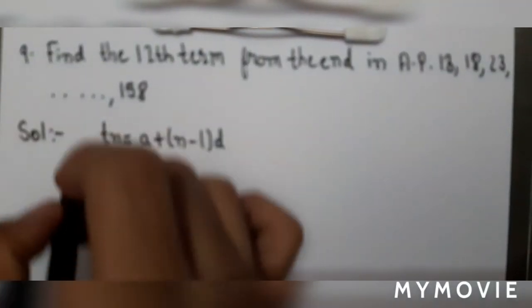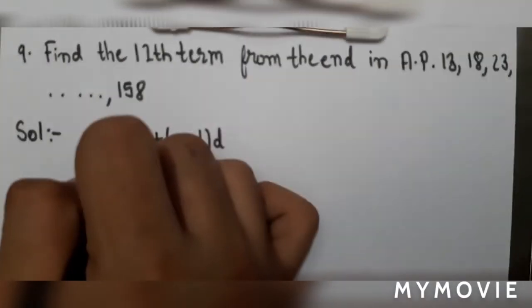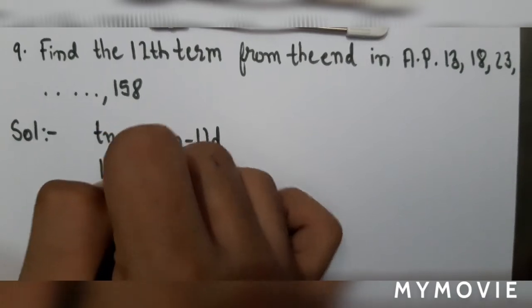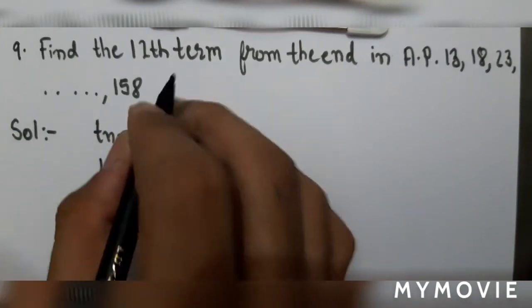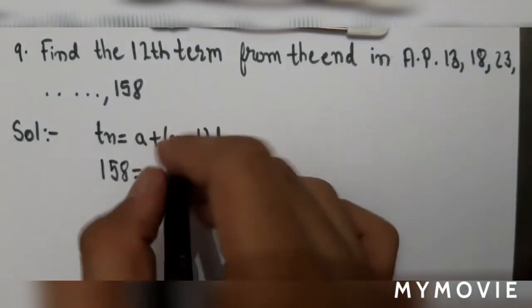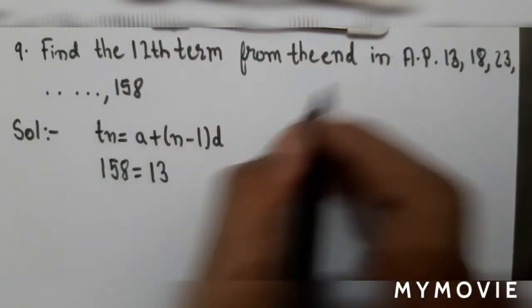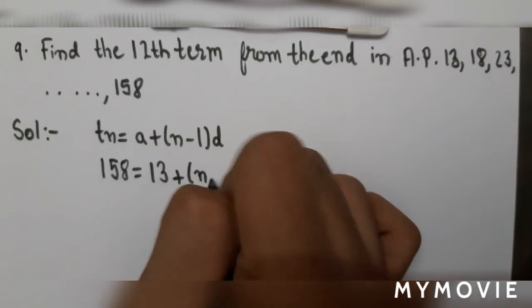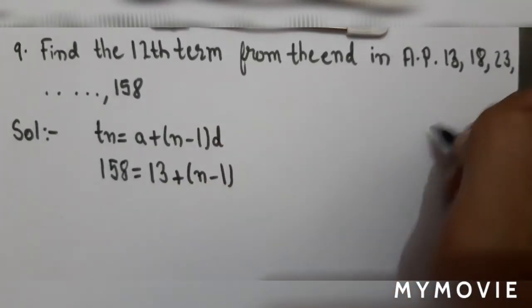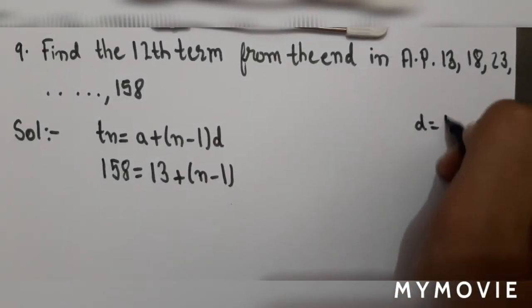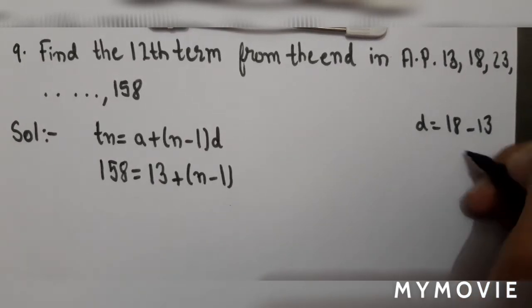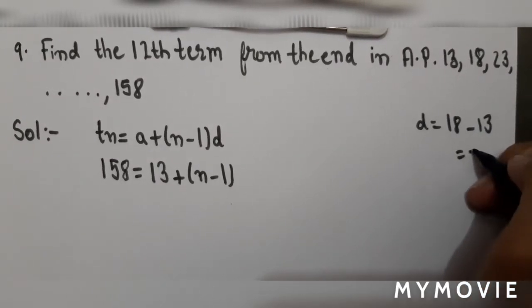So first find n. So 158 is equal to a, the first term, which is 13, plus n minus 1, which we are not provided, times d, and the common difference d is equal to 18 minus 13. So the common difference is 5.